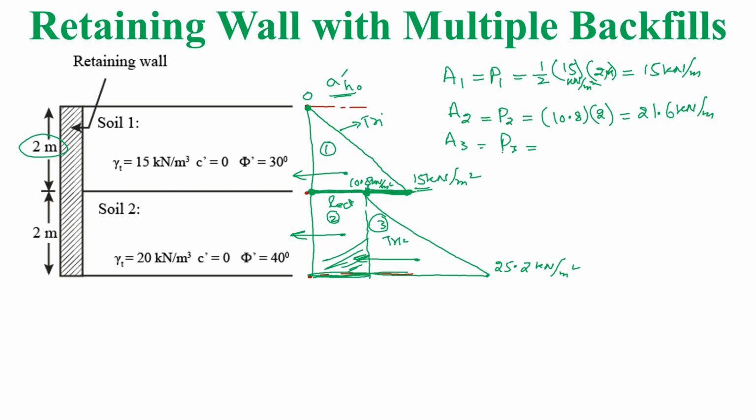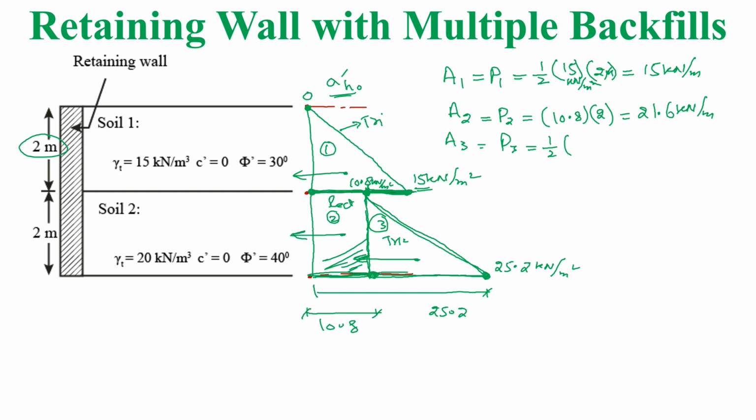And for the same case we will find out the area for triangle 3. It is 1 by 2 into what is the base. See here, this triangle covers this much area, so its base starts from here and ends here. So total value from this point to this point is 25.2, but from this point to this point the value is 10.8.